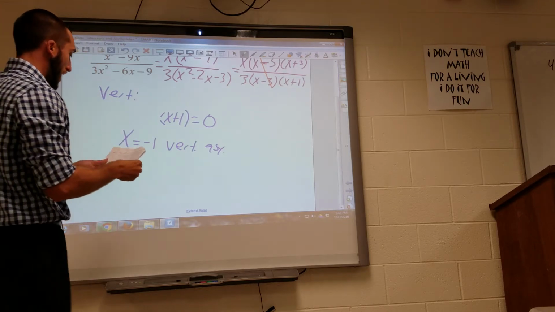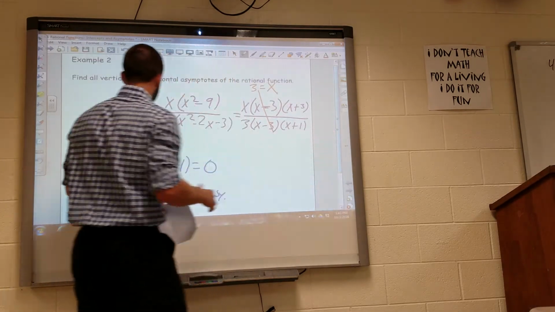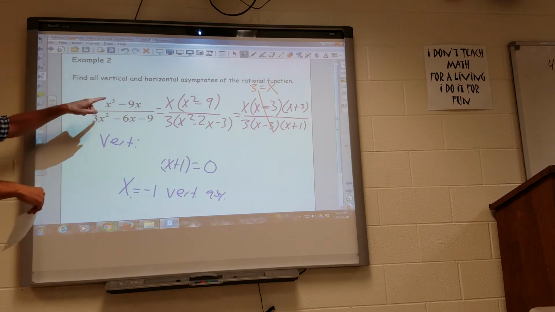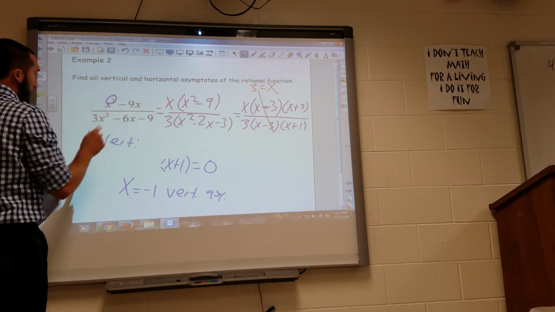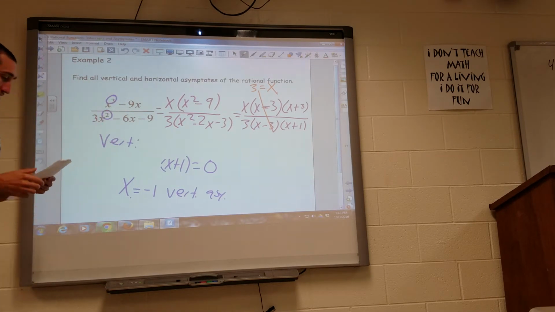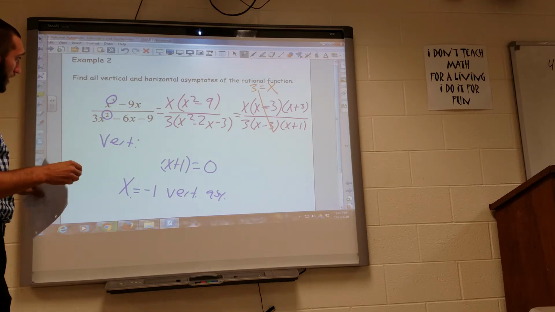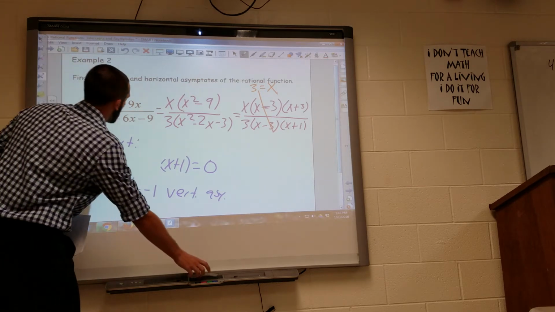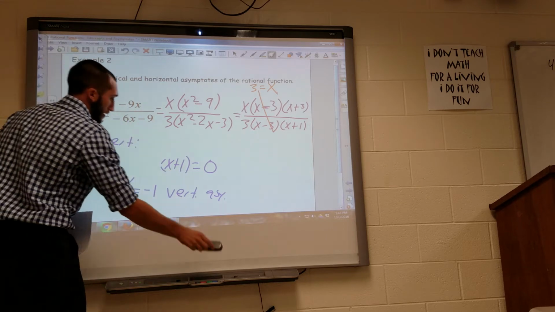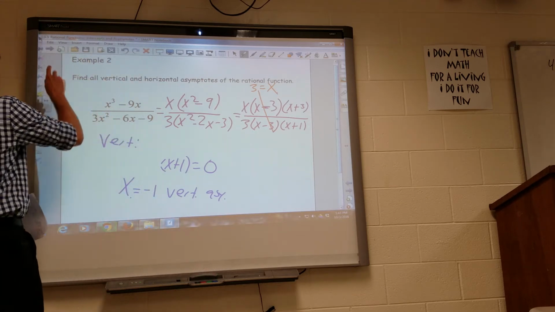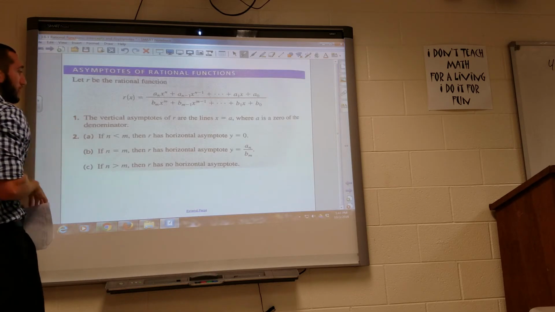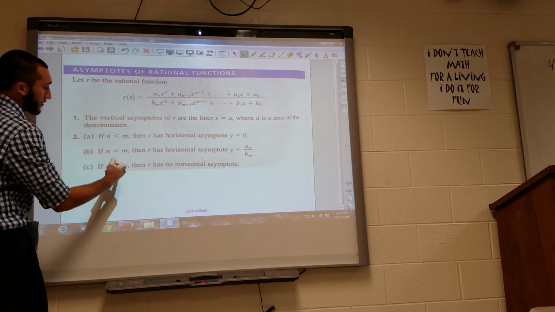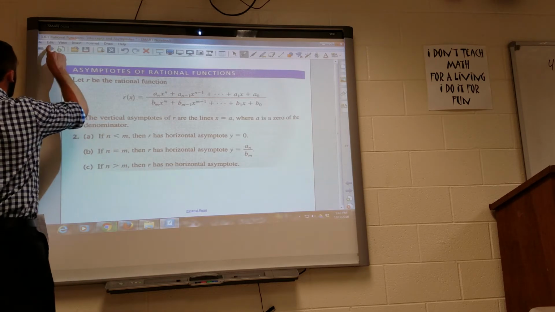Then to find the horizontal asymptote, we just look at our n. So our n is the numerator, our m is the denominator, right? And since the numerator has degree 3, and the denominator has degree 2, since the n is larger than the m, there is no horizontal asymptote.